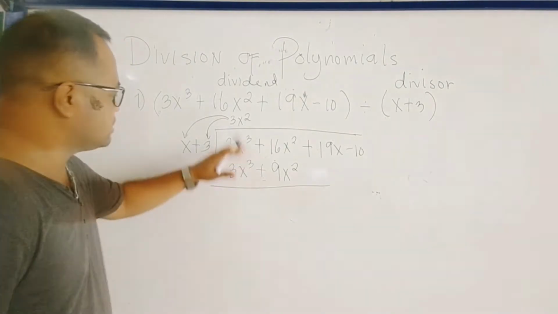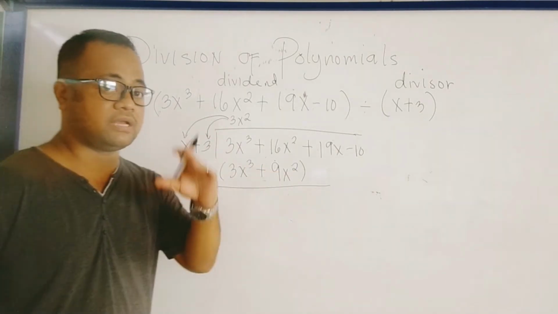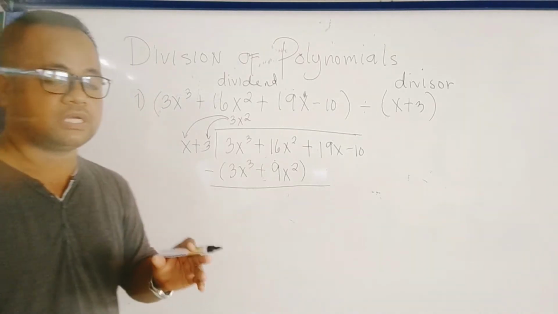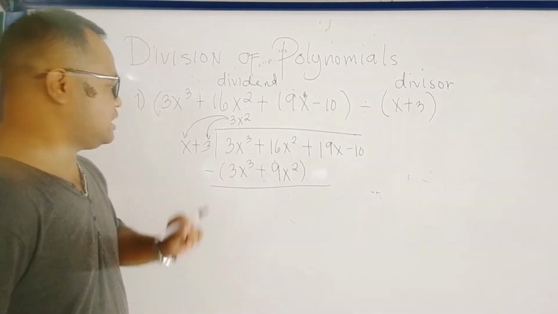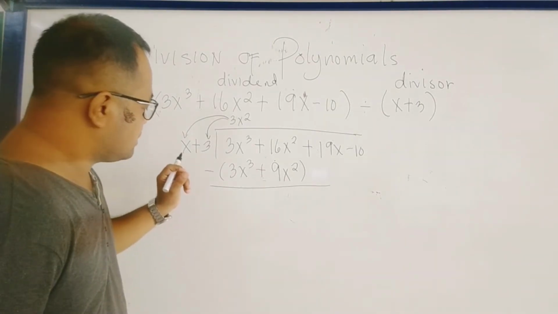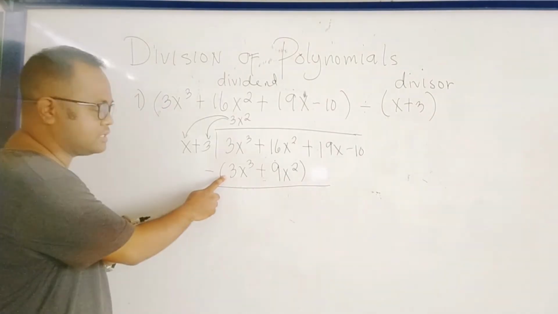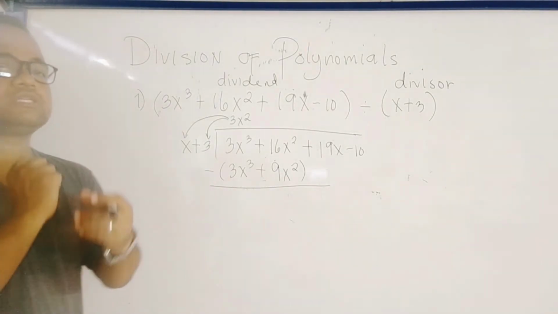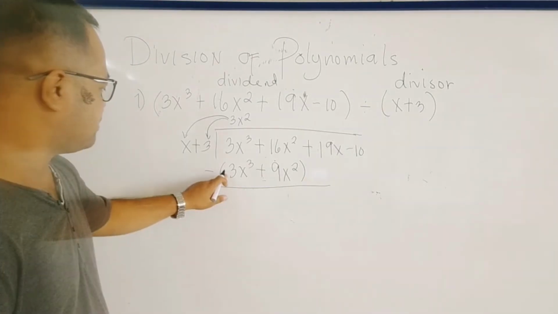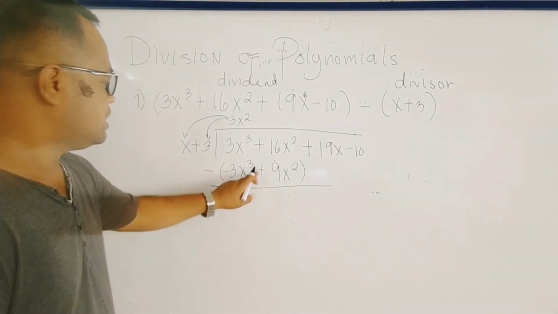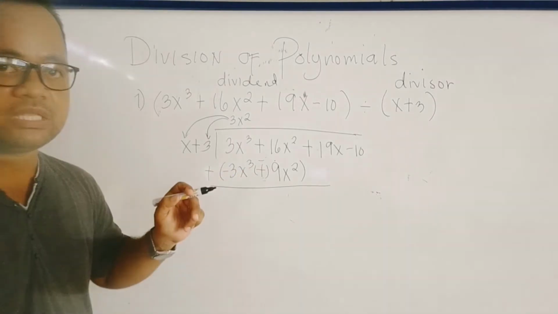Then, after the multiplication, you have to subtract, just like when we divide whole numbers. Same process. In subtracting, you have to change the sign of the subtrahend. The rule is, change the sign of the subtrahend and proceed to addition. So from positive it will become negative, then the operation becomes addition.